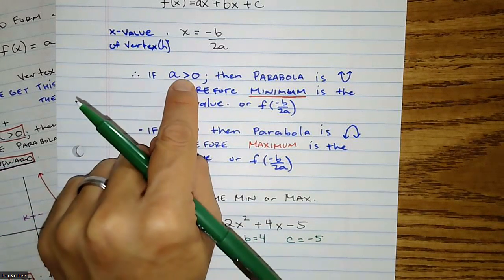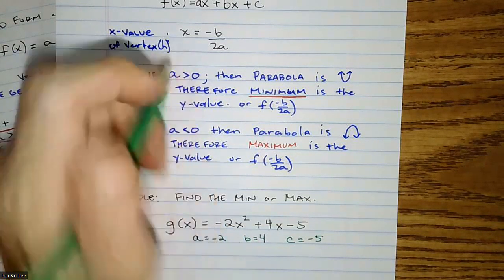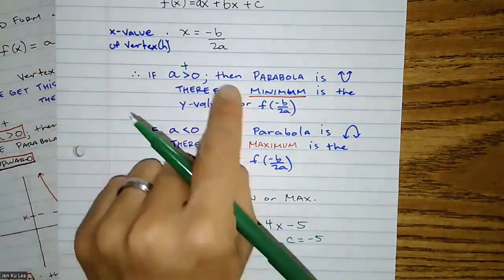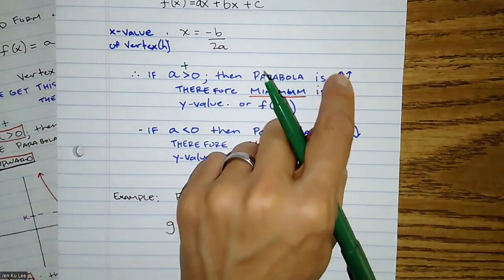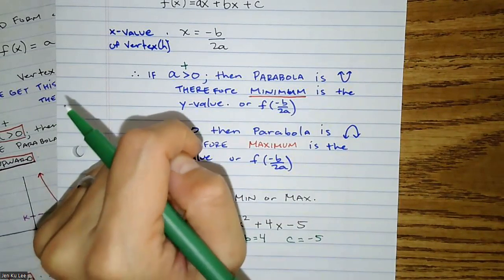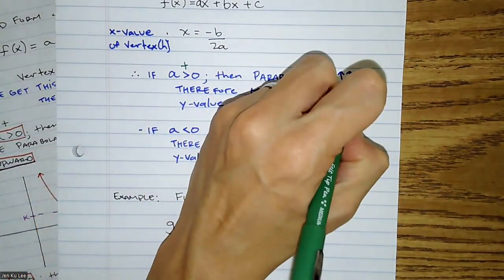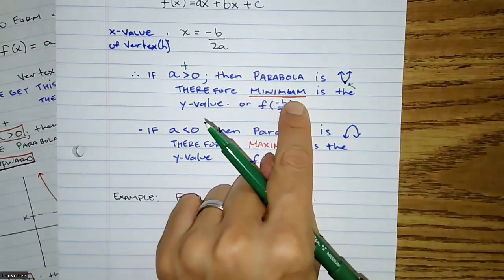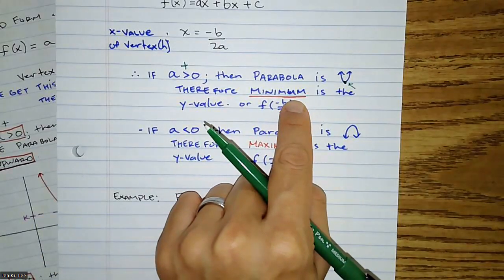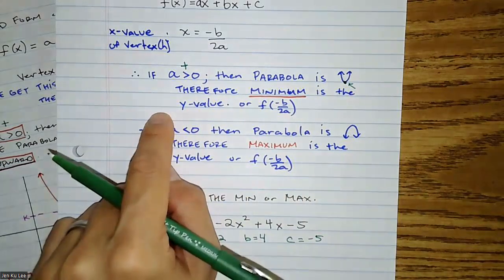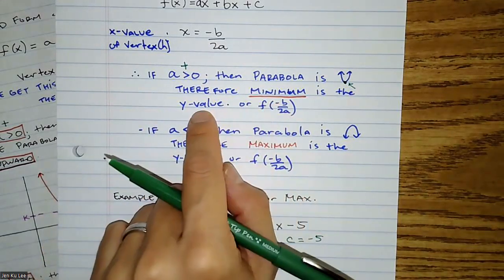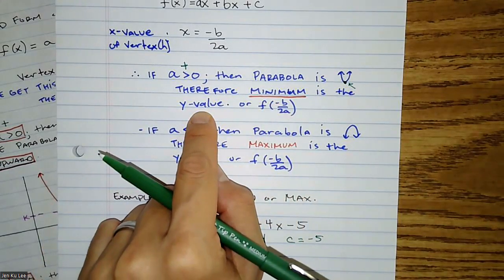If my A is positive, then the parabola is upward facing. Therefore, my vertex here is actually the minimum, and the minimum value is the Y value.